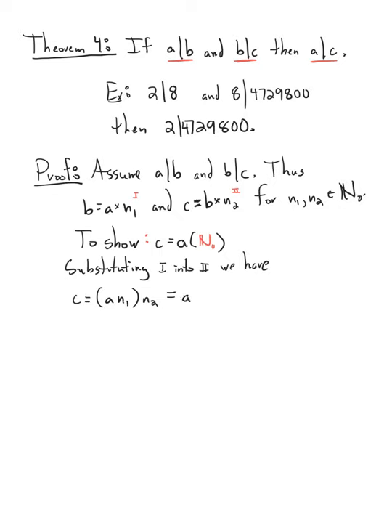So this is going to be A times n1 times n2. And hey, look at this. This is the product of two whole numbers, so that's another whole number. So since the whole numbers are closed under multiplication, we have that A is indeed a factor of C. I wrote C as A times some whole number, so I'm done. So that's going to be a very useful result going forward.